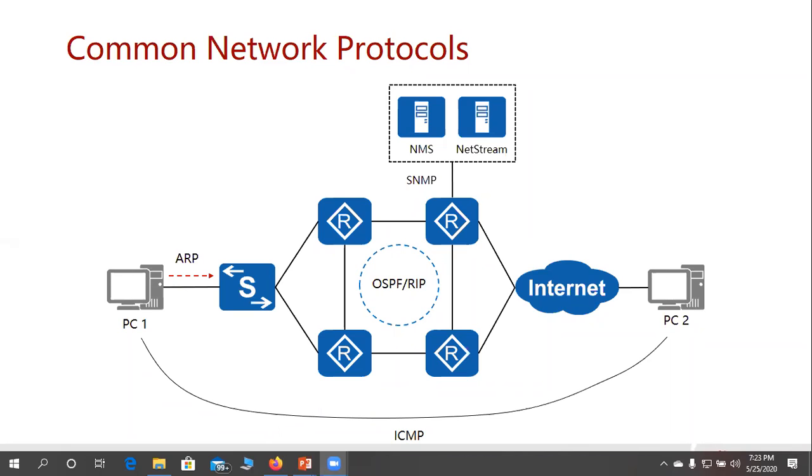But before this, we have what is known as static routing and dynamic routing. Static routing is normally used in a smaller network where the network admin has to configure the routes manually. But when the network is very big, you have to use dynamic routing protocols, which is automatic.